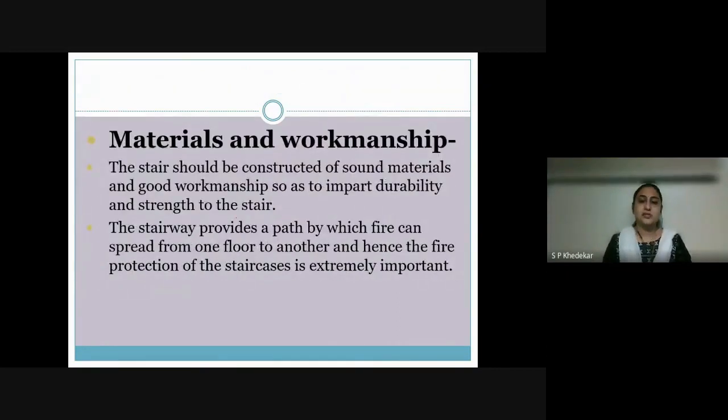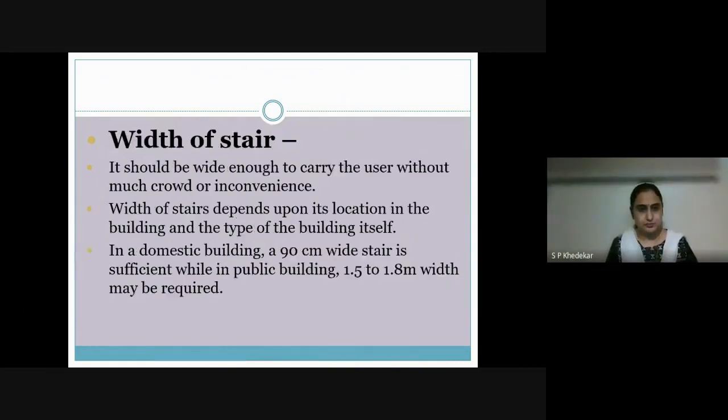The stairs should be constructed of sound materials and good workmanship, because they should have proper strength and durability. The most important element is that stairways provide a path by which fire can spread from one floor to another. Hence, fire protection of the staircase is very, very important.